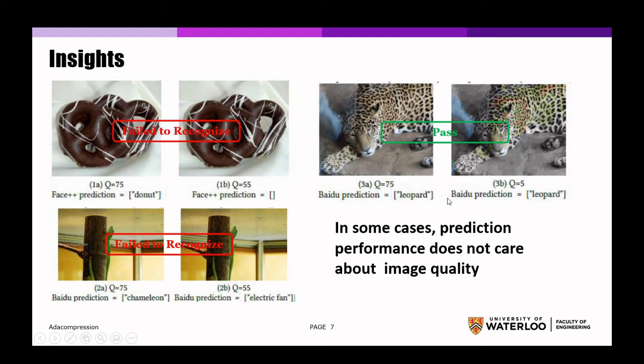But in the third image, it's highly compressed and looks distorted compared to the first one, but the deep learning model can still recognize it. So in some cases, prediction performance does not care about image quality.